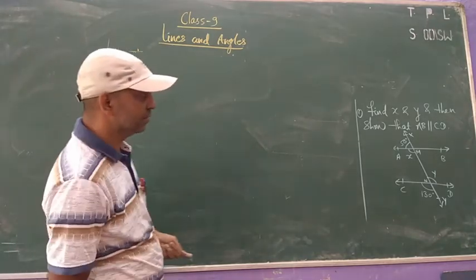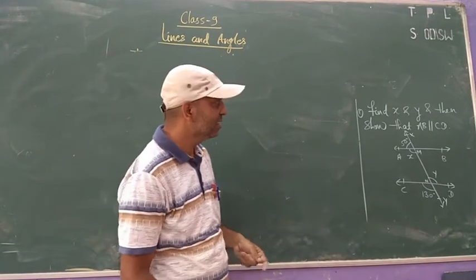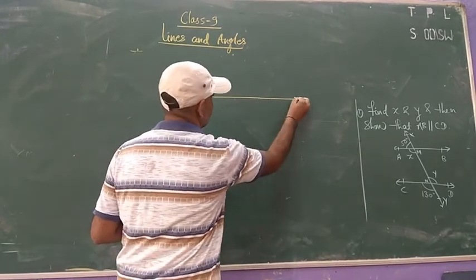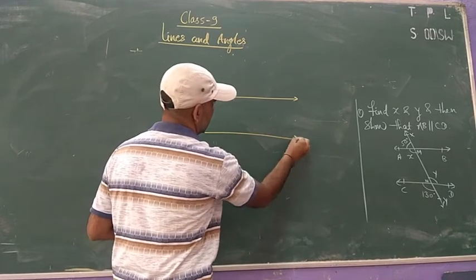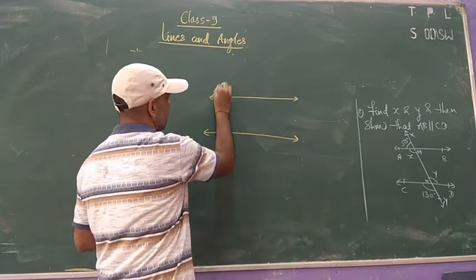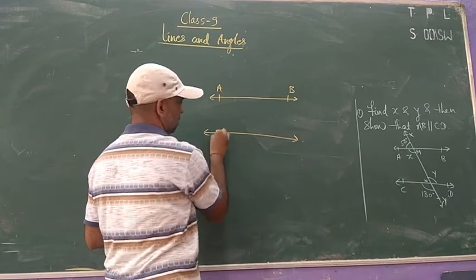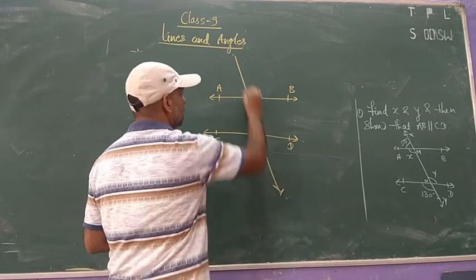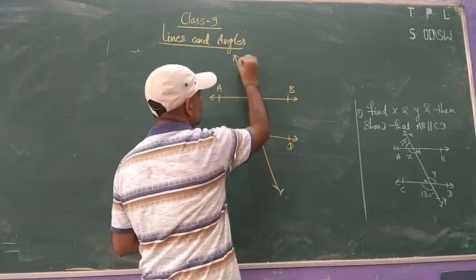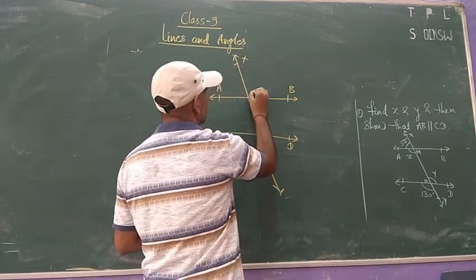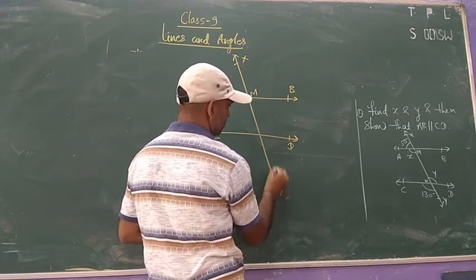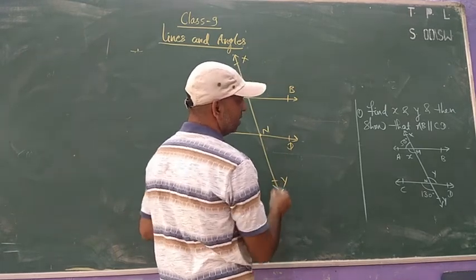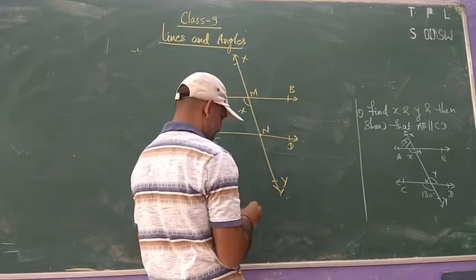Now we see one problem. Find x and y and show that AB is parallel to CD. So what is the figure here? See, suppose this is line AB, CD, X, M, N, Y. So this angle is X, it is given.